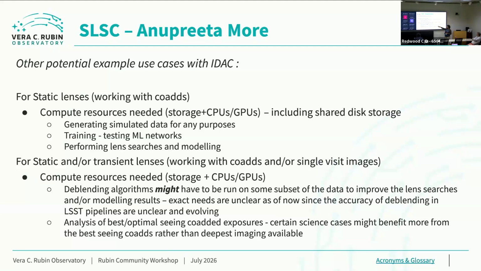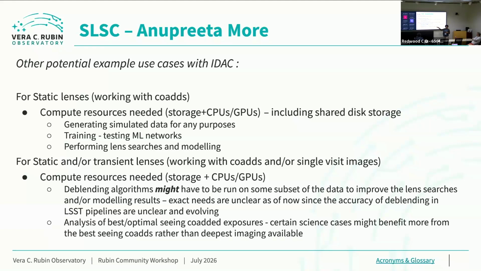Then the other category is relevant both for static and for transient kinds of lenses. This could be working with coadds or single visit images. Many of the lenses that we work with are at the scale of 1 arcsecond, and that's the sort of scale that is affected by the size of the atmospheric seeing.